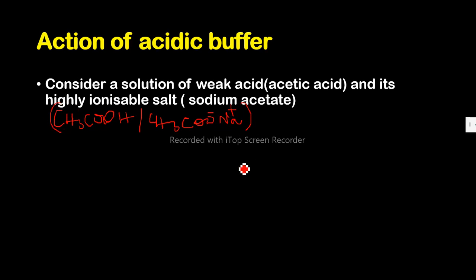In aqueous solution, our acid is going to dissociate partially, sorry, did I say fully? It will dissociate partially to attain this equilibrium: CH3COOH ⇌ CH3COO- and hydrogen ions, aqueous.